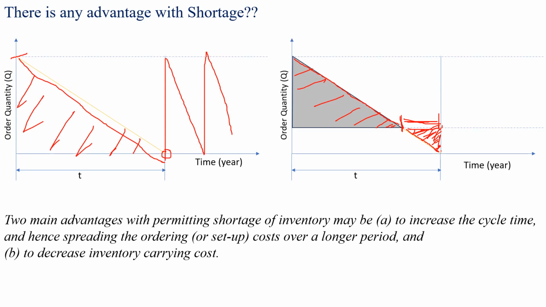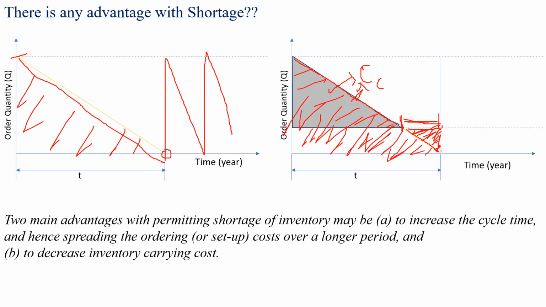So let's compare with shortage and without shortage. In the with shortage condition, only this area is the carrying cost. But in the previous one, without allowing the shortage, the entire area becomes the carrying cost. So we have to observe that.